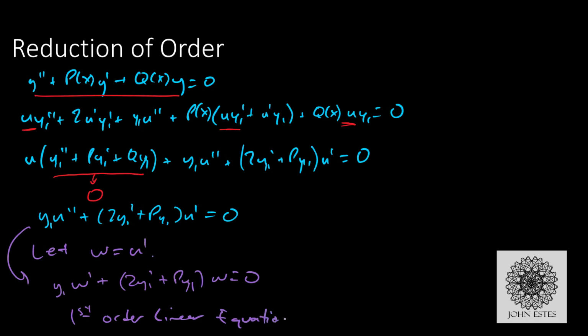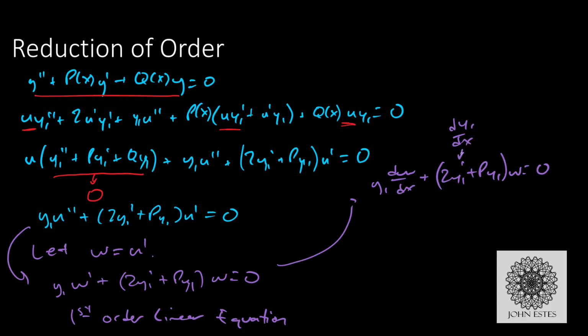Actually this linear equation is not only first order, it's separable. It may not be obvious to see, but this means y1 dw/dx plus 2y1 prime plus p y1 times w equals 0. And remember this is a dy1/dx as well.